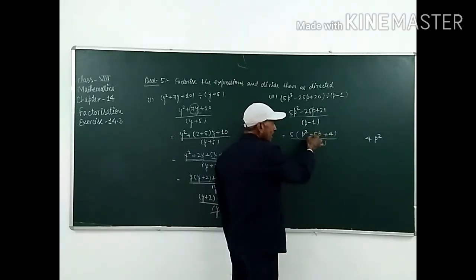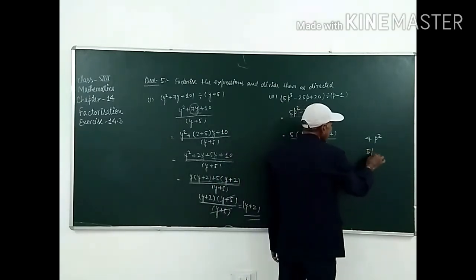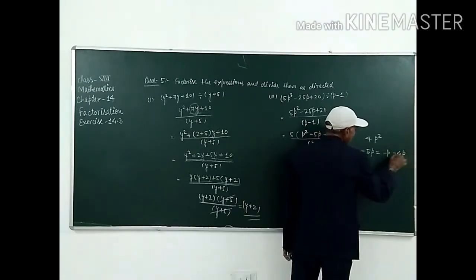So, minus 5p is equal to minus p minus 4p.